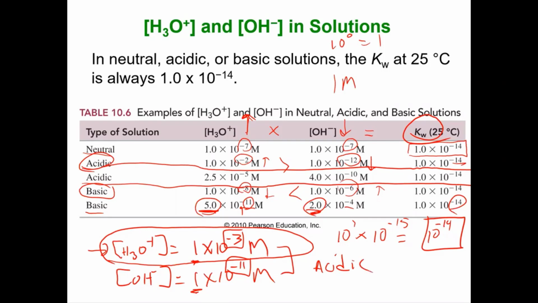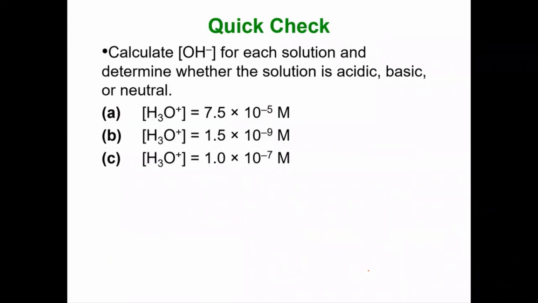So why is this powerful? Well, now we can do calculations. We can determine whether a solution is acidic or basic. Now, I should have really just put C in the beginning because this is the easy one, right? This is easy. Why? There's a 1 there at base 10.